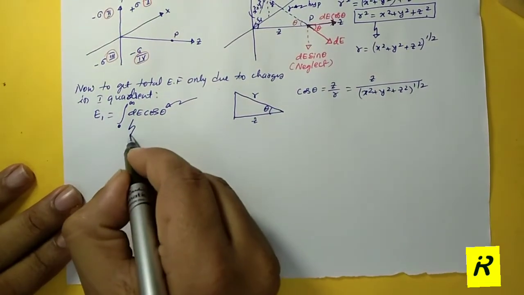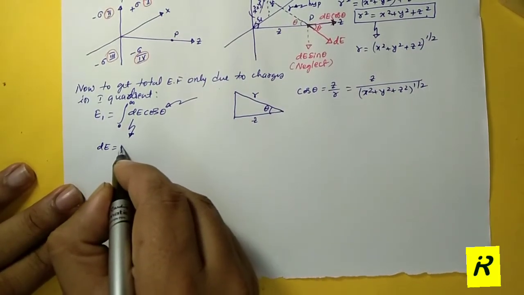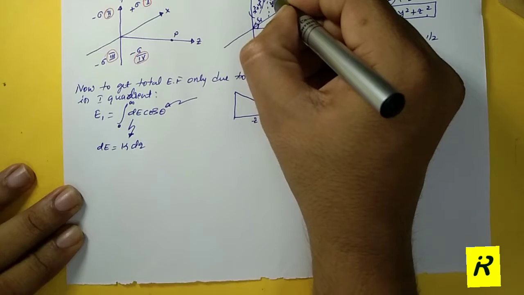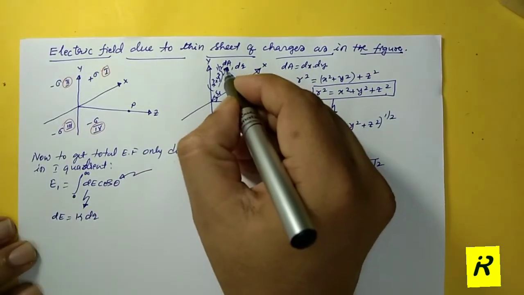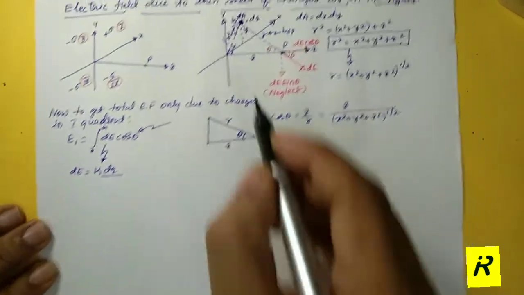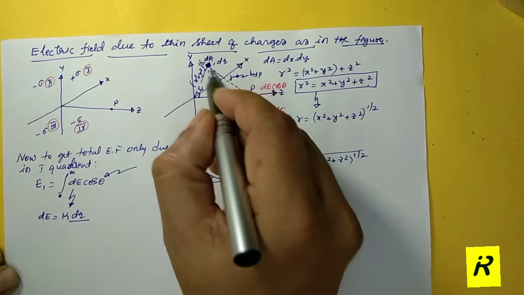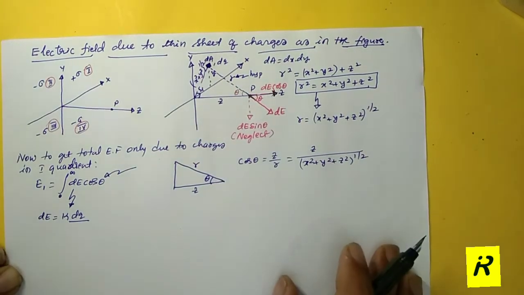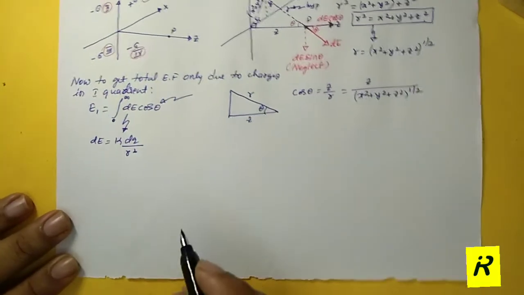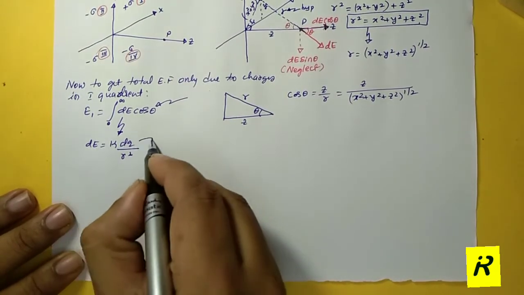Be careful, what is this dE? dE is k, which is 1 by 4 pi epsilon O, into the charge dq, which is the charge in the area dA, divided by the distance to the point P from dq, which is R. From here to here it is R. So R should be squared when you are finding the electric field; it should be squared in the denominator. So this is dE.